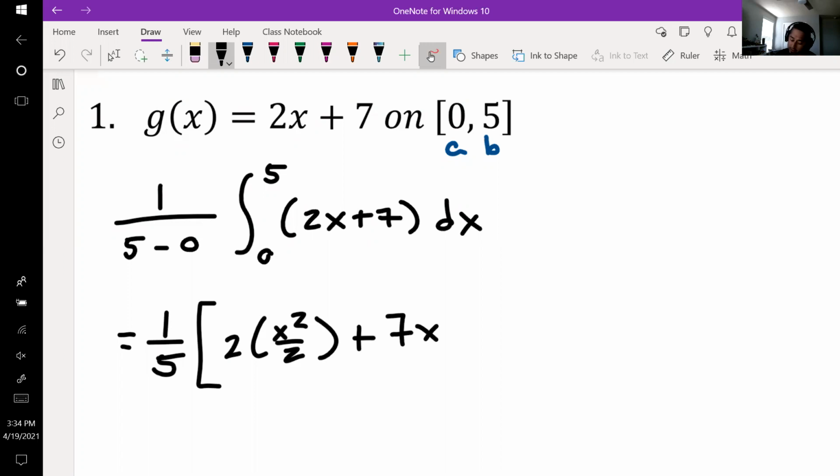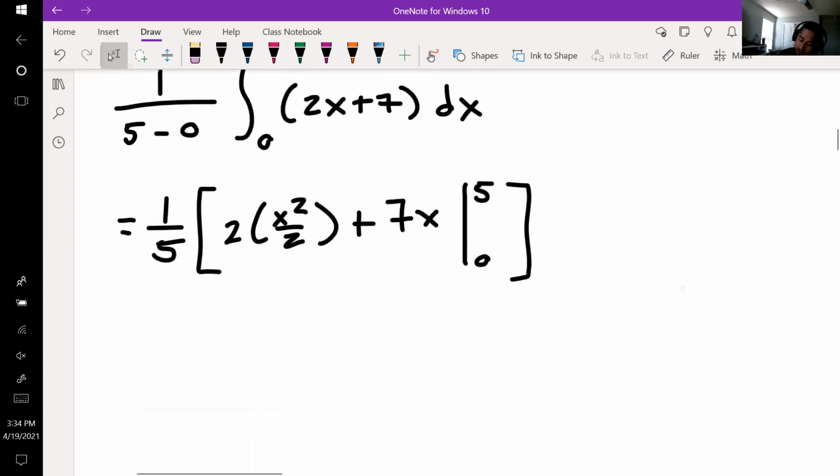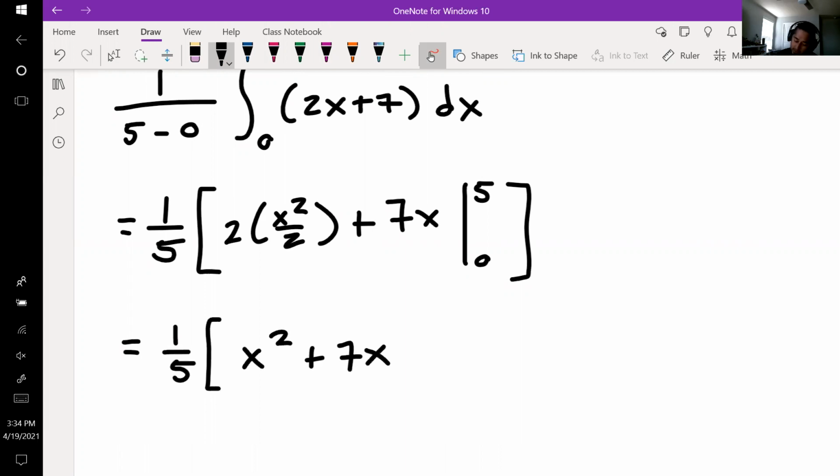And we will be evaluating these from 0 to 5. Again, just clean up a little bit. That 1/5 will stay here, and it's going to be 1/5 times x squared plus 7x evaluated from 0 to 5.